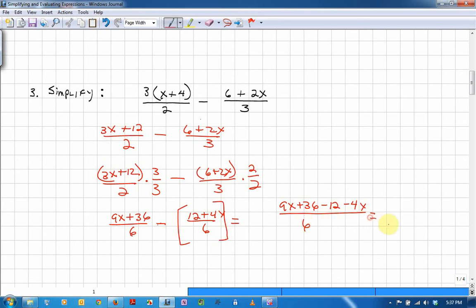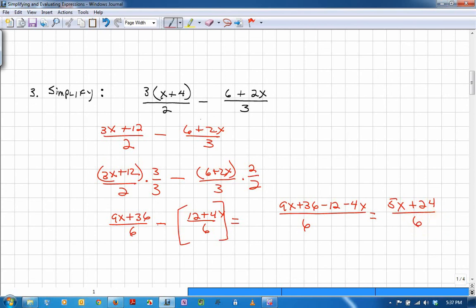Now let's combine. So on my x's, I have 9x minus 4x. It's 5x. And I have 36 minus 12, that would be 24. And that could be my final answer.